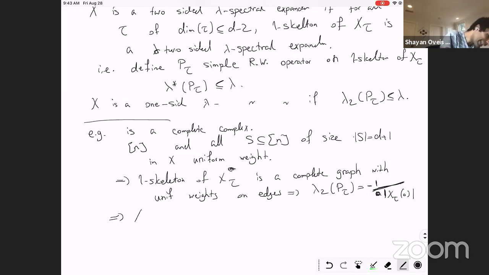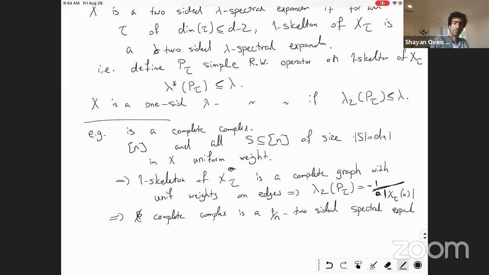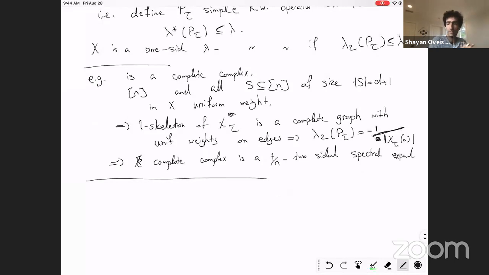So this basically says that our complete complex is 1 over n two-sided spectral expander.